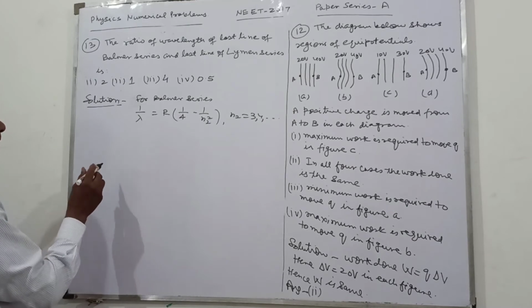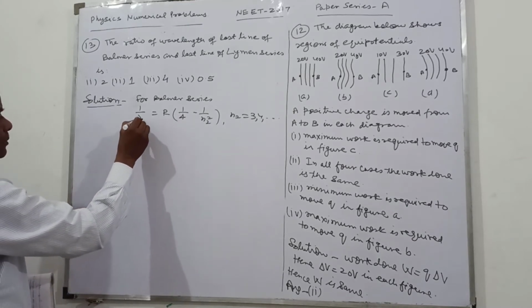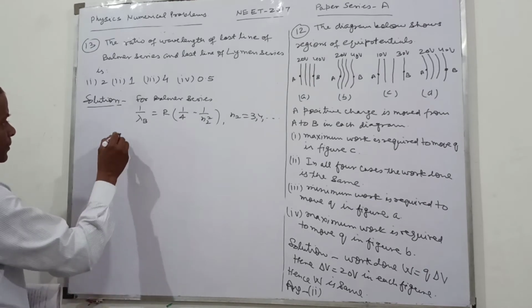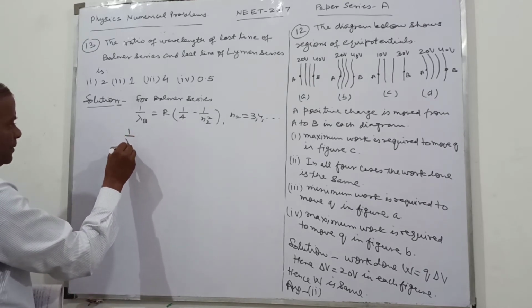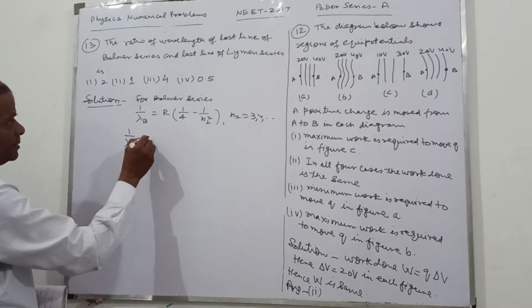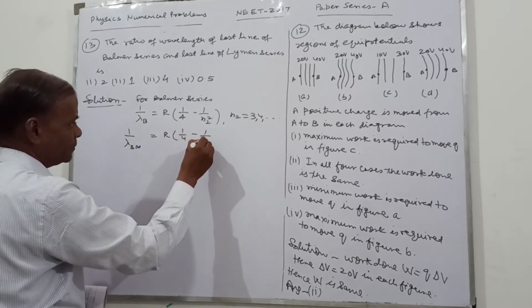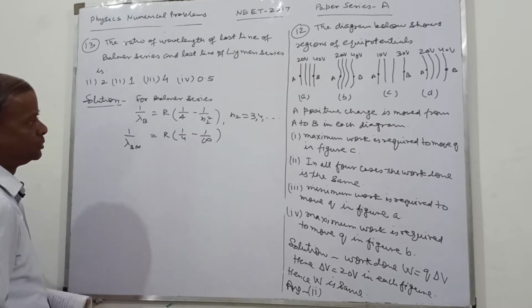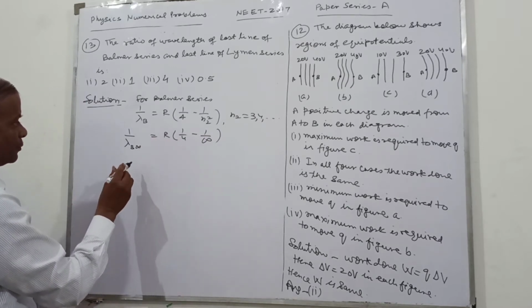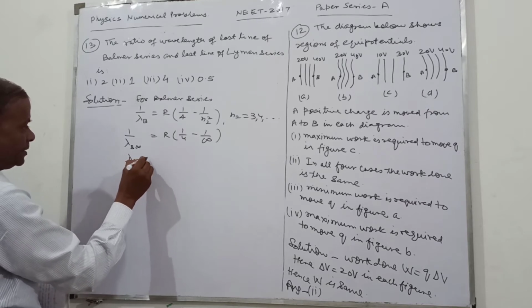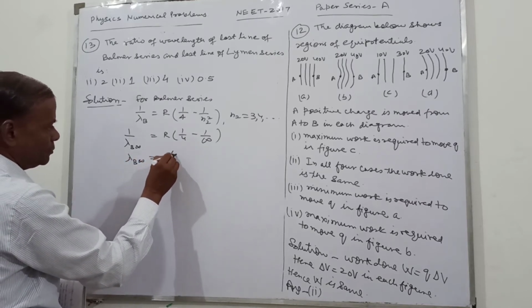So last line for Balmer series we are taking, so this is now 1 upon lambda b infinity, equal to R into 1 by 4 minus 1 upon infinity. So what we have? This is R upon 4, or this lambda b infinity is equal to 4 upon R.